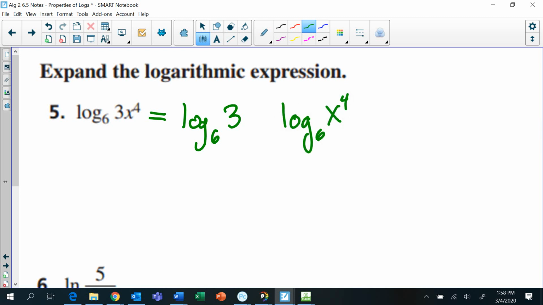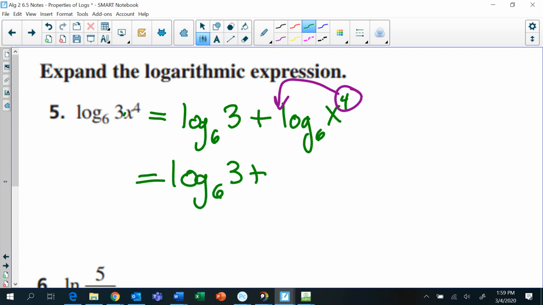That is addition, because if it is multiply, you add it. Is there anything else I can do? Yes, you just put 4 in front, right? We have this to expand out further. And then it'll be log base 6 of 3 plus 4 log base 6 of x.